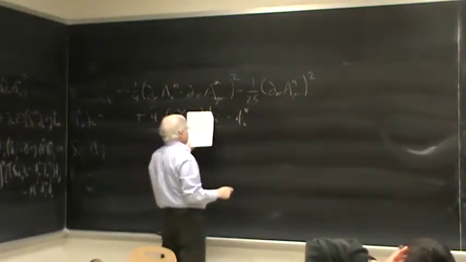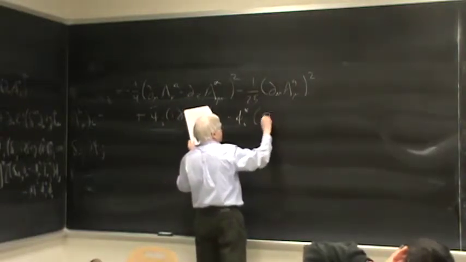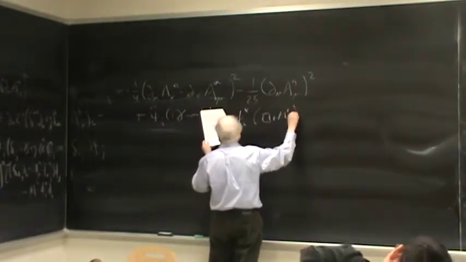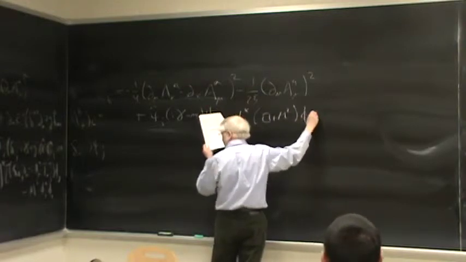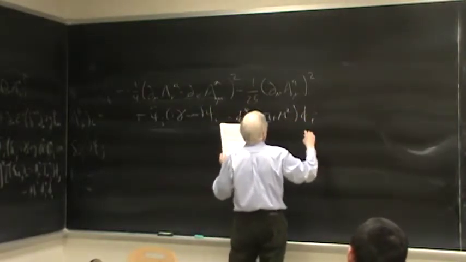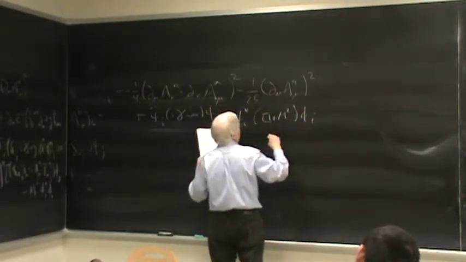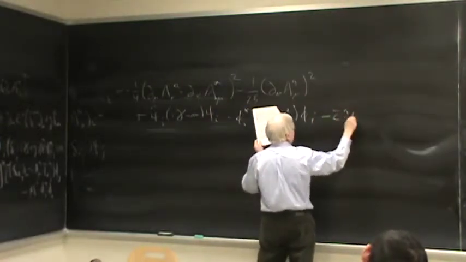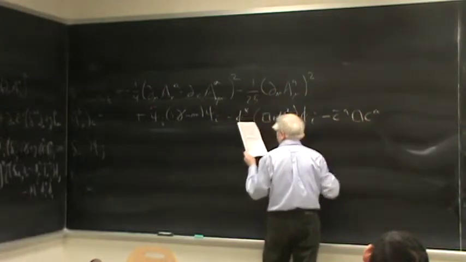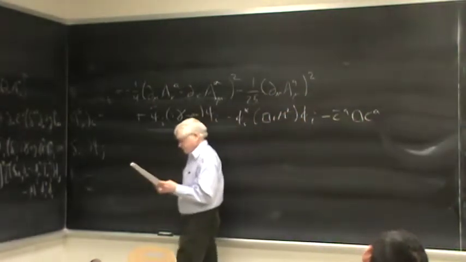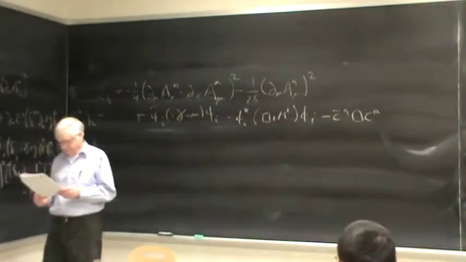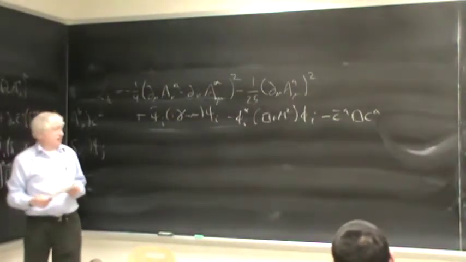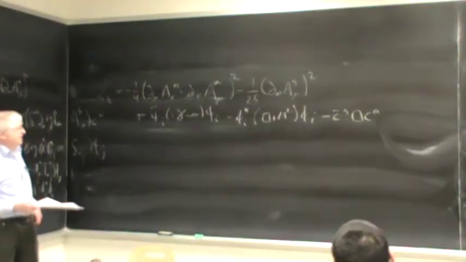Here we've done integration by parts, so we have box plus m squared phi I, and then we have the action of the ghosts, which is minus c bar a box c a. Where again we've done an integration by parts.